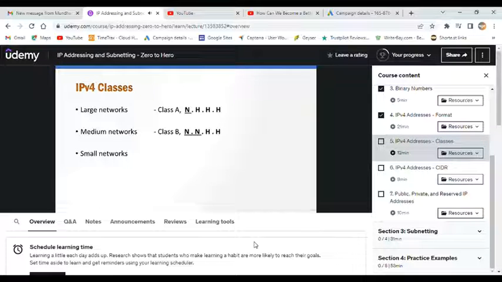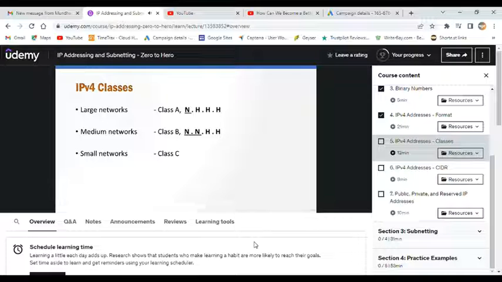Class B networks have 2 octets representing the network portion of the address. The other 2 octets represent the host portion of the address. These were meant to be given to medium networks, and then Class C networks were meant to be allocated to very small networks.